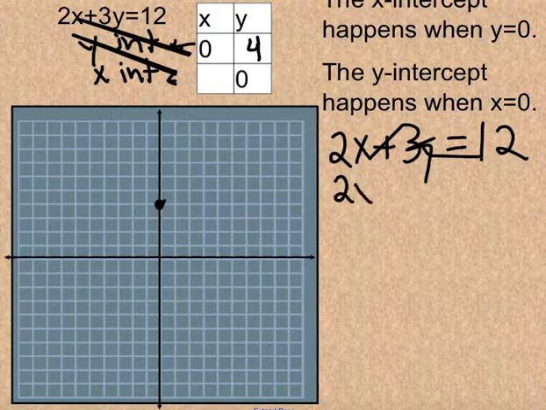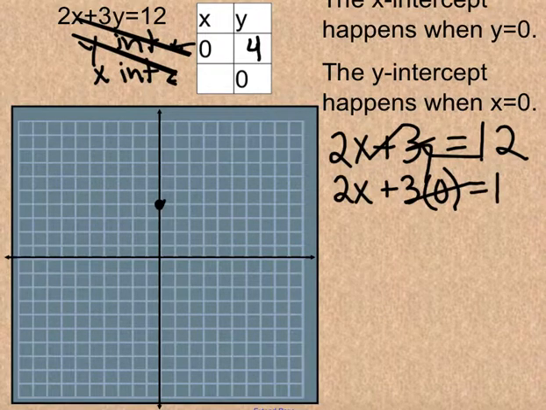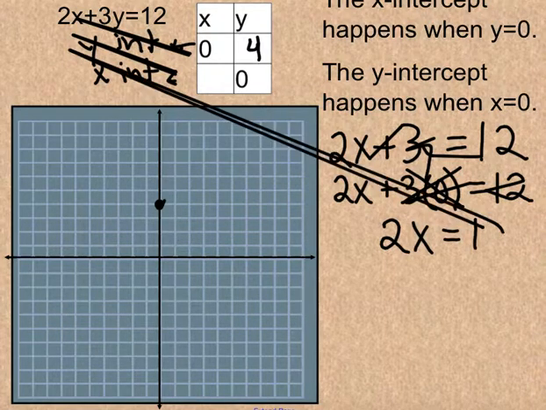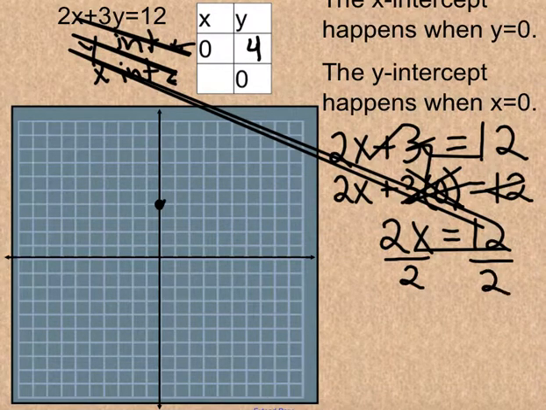So we keep the 2x this time, but replace y with 0. Okay, now this one goes away because 3 times 0 is just 0, and I am left with 2x equals 12. So we divide by 2, and we say that x is equal to 6.